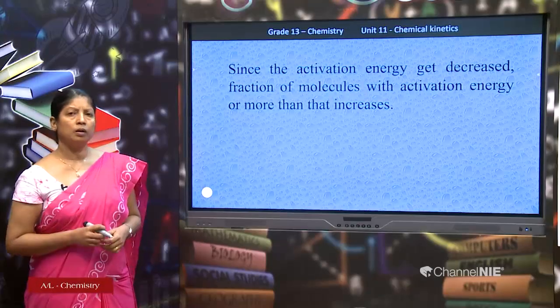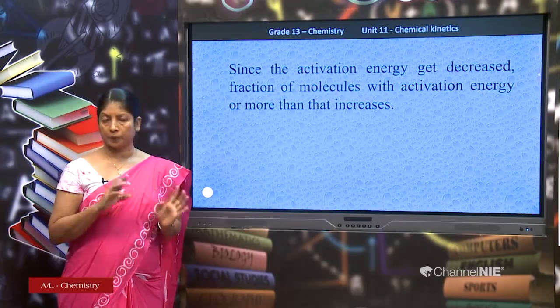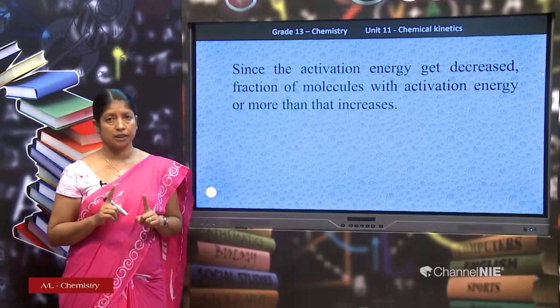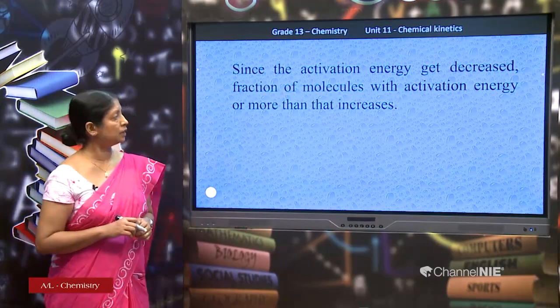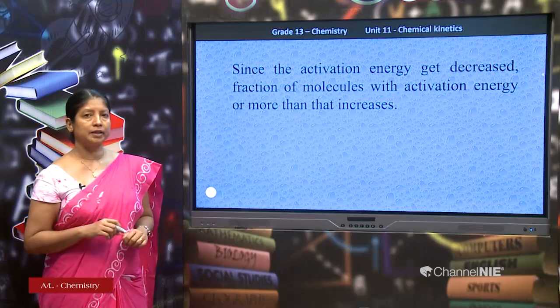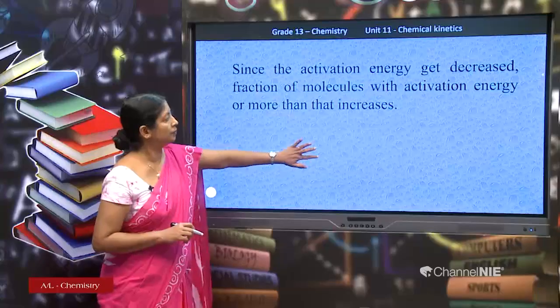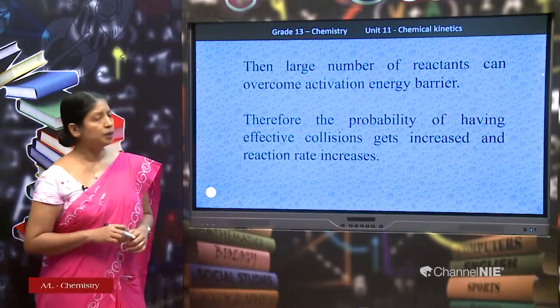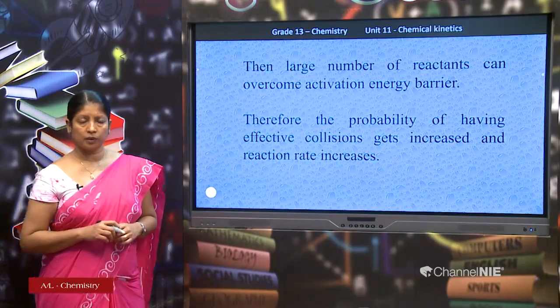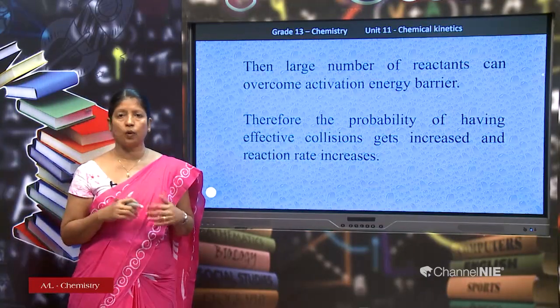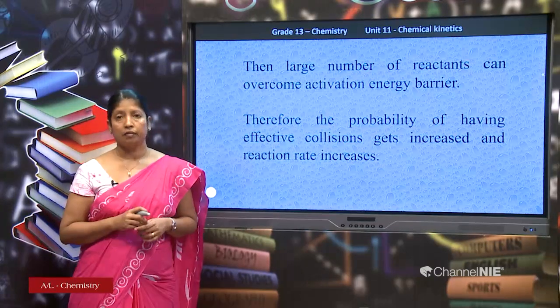So, we came to know that when we add the catalyst, it will provide a new path which consists of a lower activation energy. Now, if it has lower activation energy, what will happen to the reactant molecules? Then the total number of reactant molecules which have activation energy or more than that gets increased.